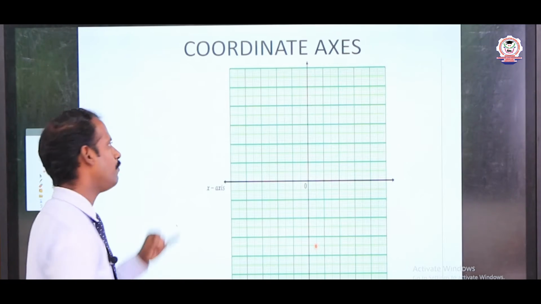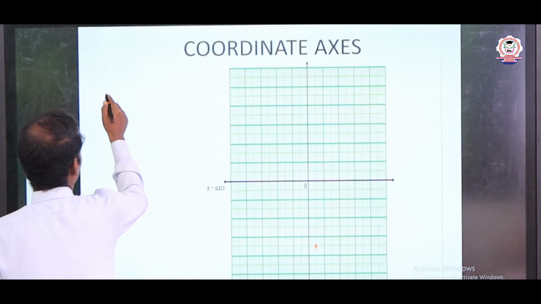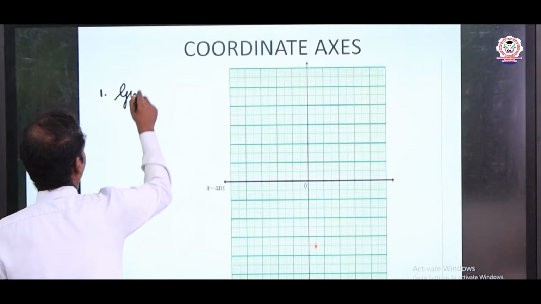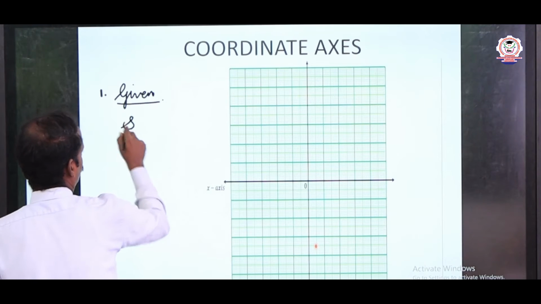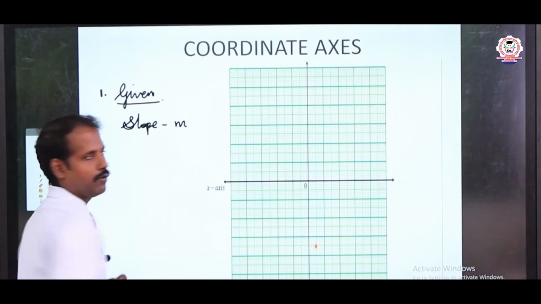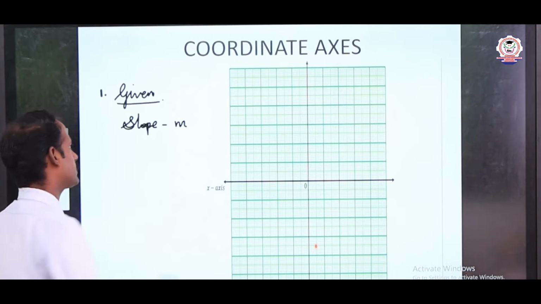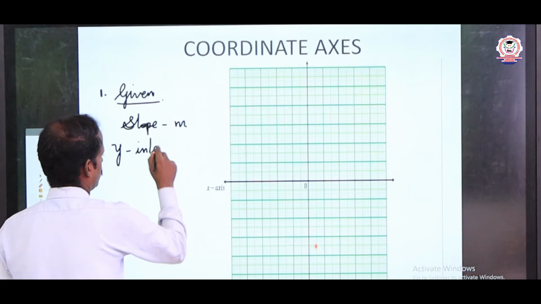Here, given the value of slope, the first one. Slope we denote m. The next one, y-intercept, is denoted by c.